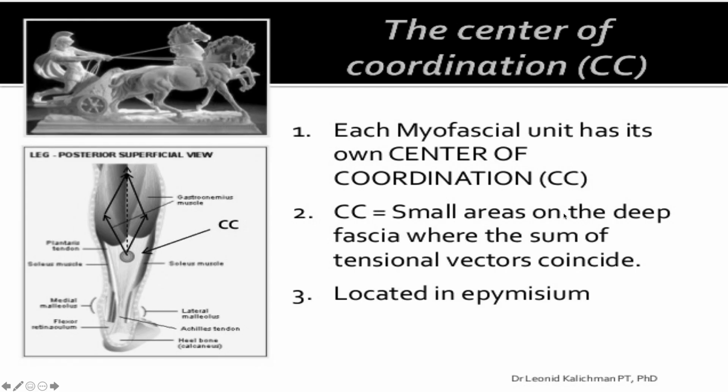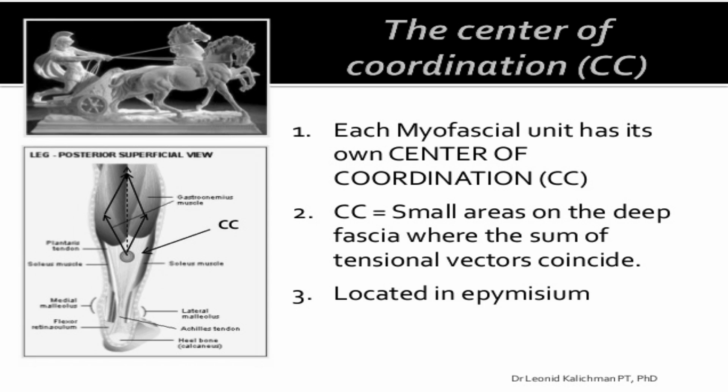The center of coordination, this is an interesting component to fascia as well, where basically, when we think about muscular contraction, we think about an axis point, we think about a moment arm, and then we think about a muscular contraction. Well, it's actually a little bit different than that with fascia.